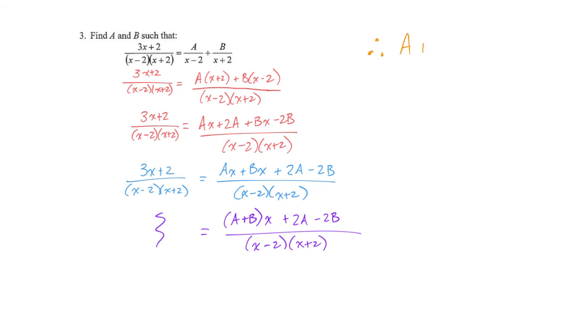That my A plus my B has to equal 3. And my 2A minus 2B has got to give me 2. Now, I just want you to take a moment and try to see if you can see where I came up with that orange from either the red, the blue, or the purple. Okay, pause it now.